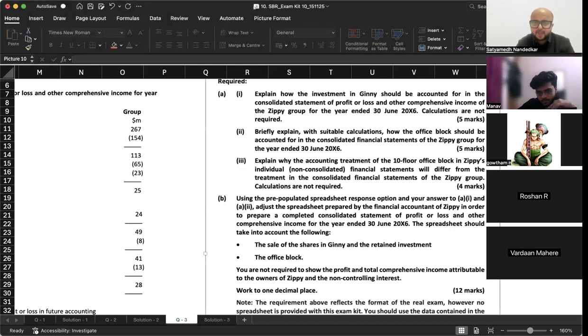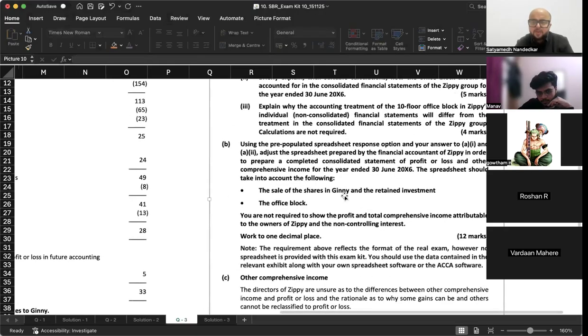ठीक है, अब using the pre-populated spreadsheet response option and your answer to A1 and A2, adjust the spreadsheet prepared by the financial accountant of Zippy in order to prepare a completed consolidated statement of P&L and OCI for the year ended 30th June.